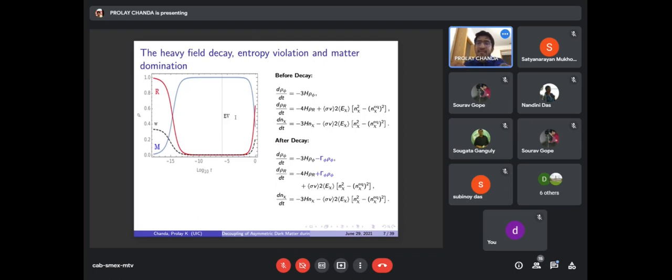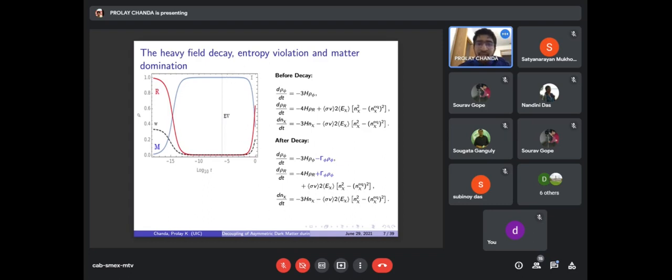So it does not actually reheat the universe, but it slows down the cooling of the universe. Also, in the Boltzmann equation we have to take into account the decay of the phi field. Now, in our analysis, we do not consider this scenario.